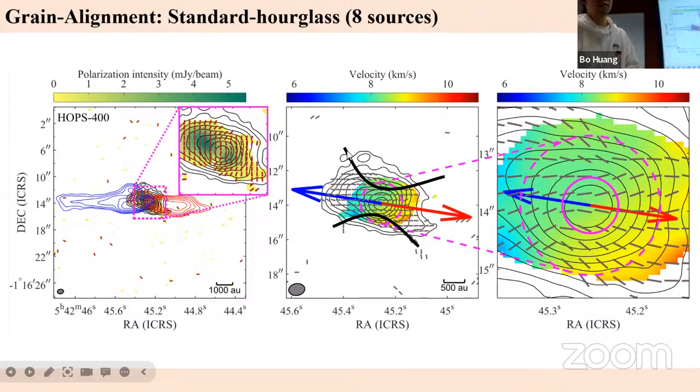In this case we can see an hourglass shape, where the magnetic field converges inward and expands outward. And here the magnetic field is almost along the outflow axis.